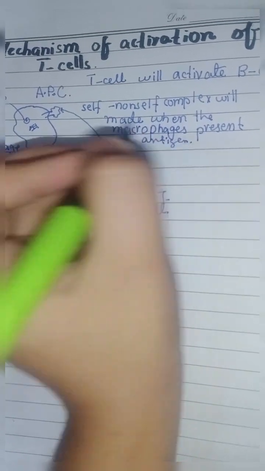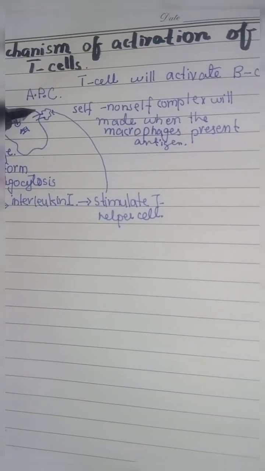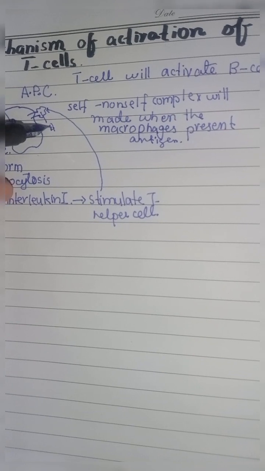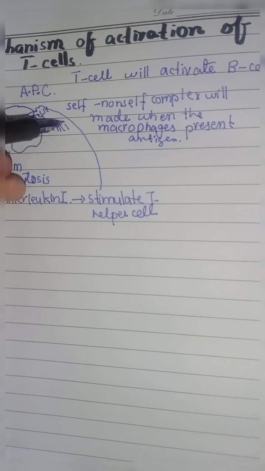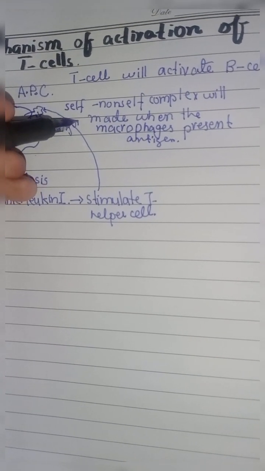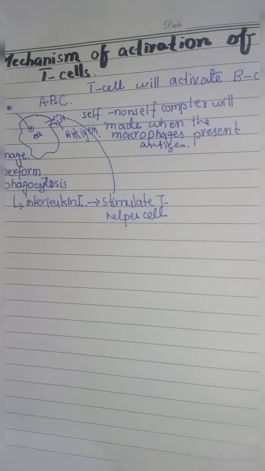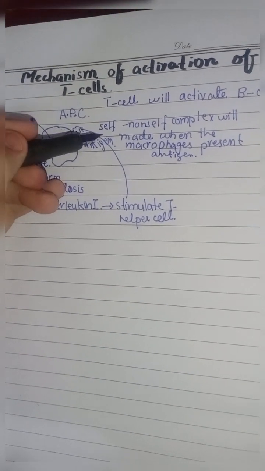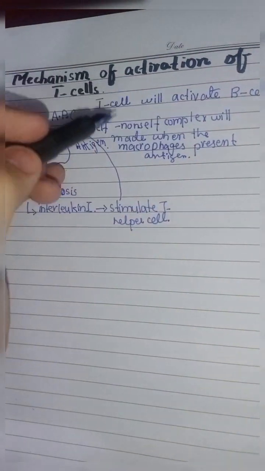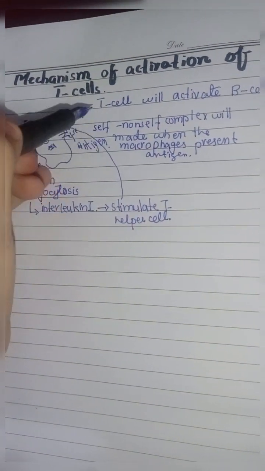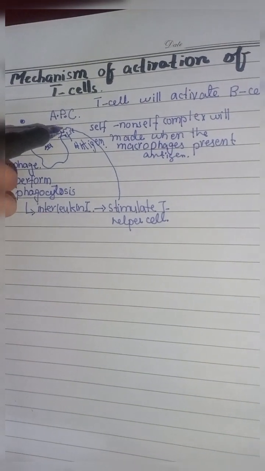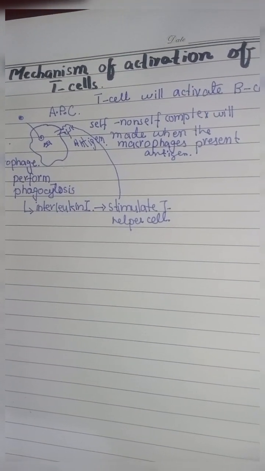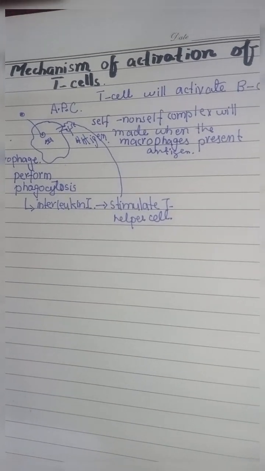Here you can see the macrophage is presenting the antigen. So that's why this self non-self complex is made when the macrophage presents the antigen.